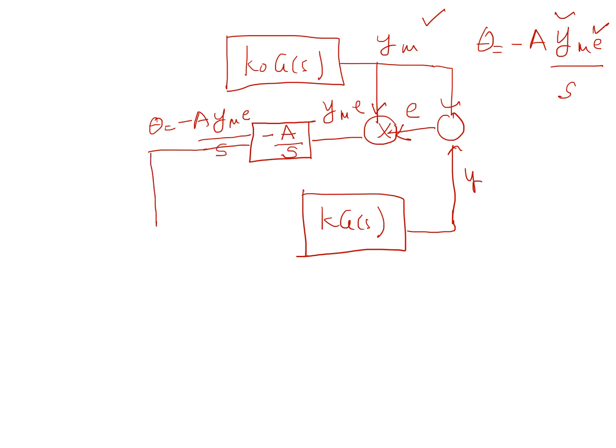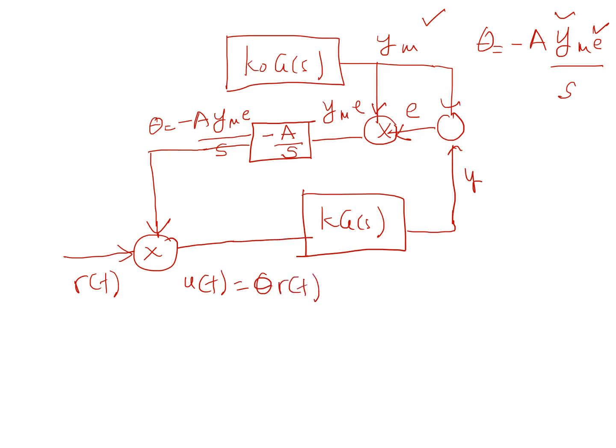Here is the reference signal r(t). The output u(t) equals theta times r(t), and u(t) is the control signal for the plant. The output of the plant is y.